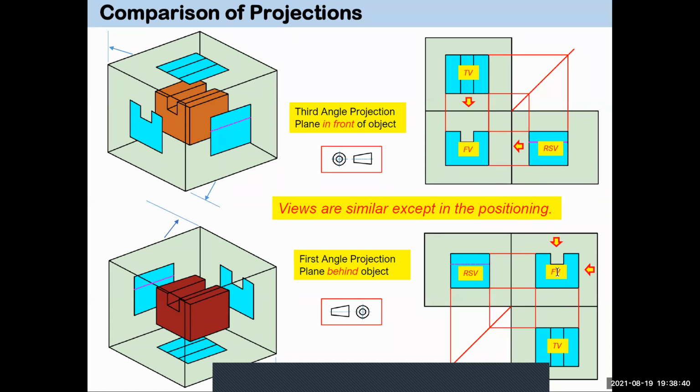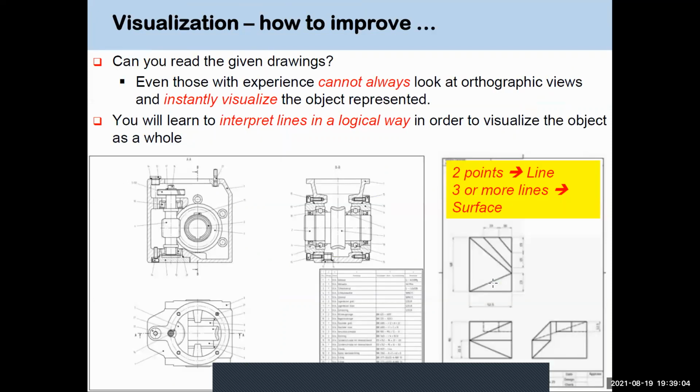Y'all can understand? Everyone can understand? Okay, I assume y'all can understand, because this is the hard part about it. It'll get more confusing the more difficult the structure is, and when it comes to isometric, y'all will get even more confused.